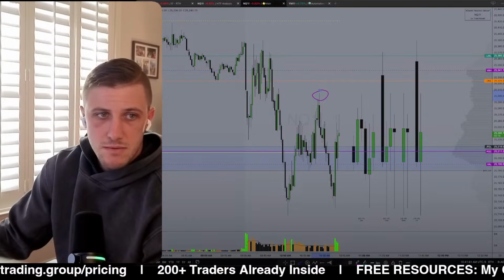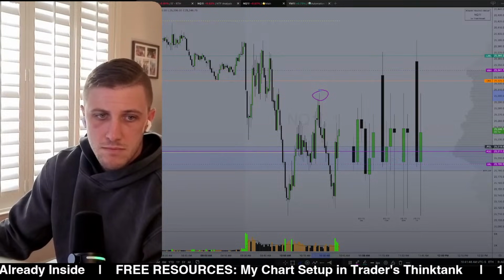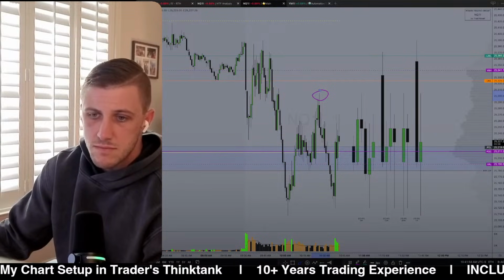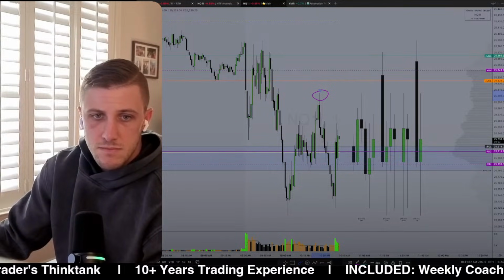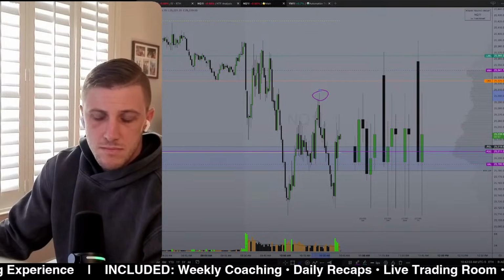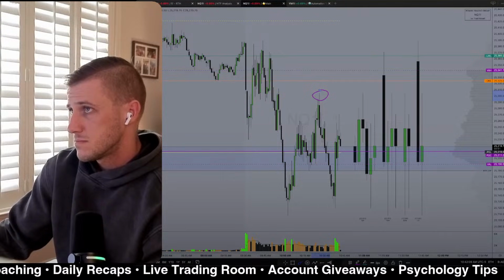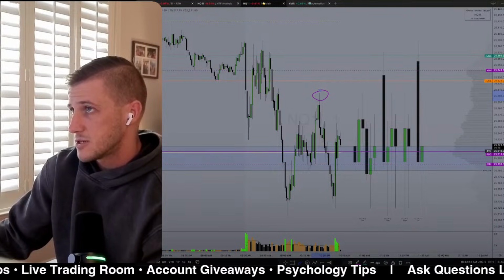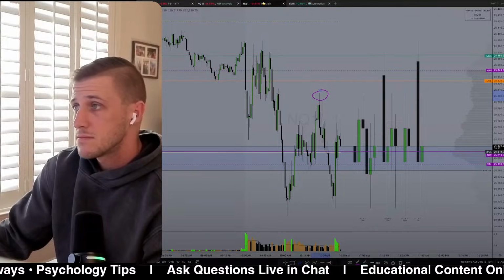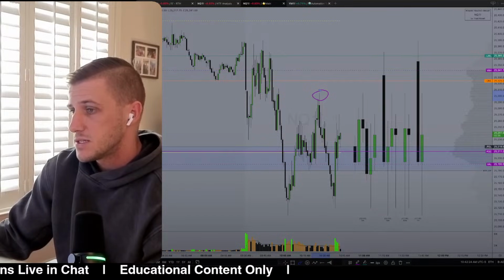Or are we going to stay in the range? There's that, may be the structure for today. 300 by 110. Let's see the next few minutes.